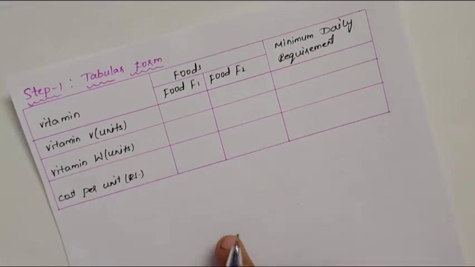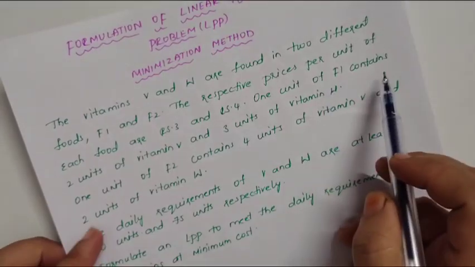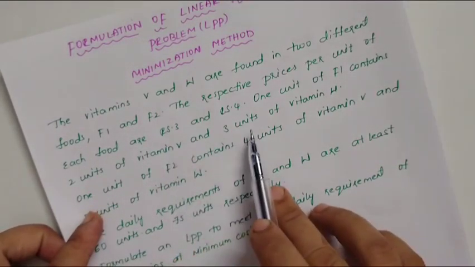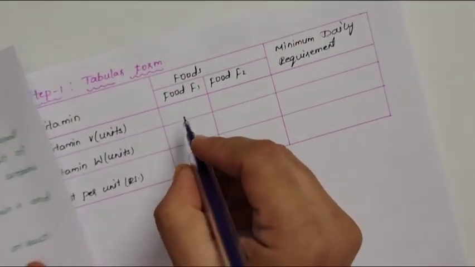Okay, as given in the question, 1 unit of F1 contains 2 units of vitamin V and 3 units of vitamin W. This is the food F1.